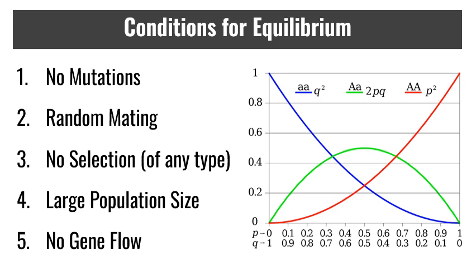But now we know that there's frequency dependent and artificial selection. So yeah, no selection of any kind. Four, the population needs to be large so that genetic drift will not impact the population. And then they need to be isolated so that gene flow will not impact the population. Departure from any of these conditions results in evolutionary change.